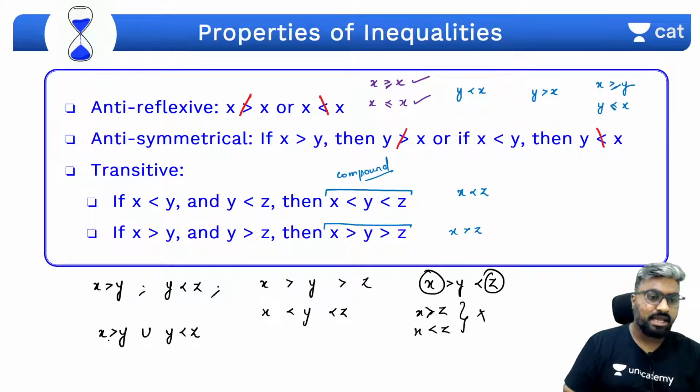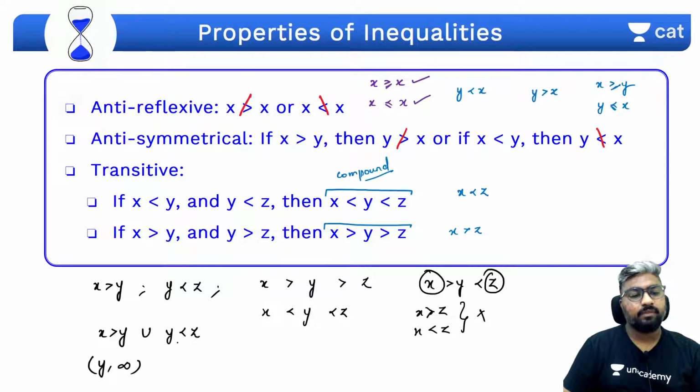Understood everyone? So here what will happen? y all the way till positive infinity, and here what will happen? z. Yeah, so in this case, y we can say will go from x all the way till infinity and y will go from minus infinity till z. Clear?